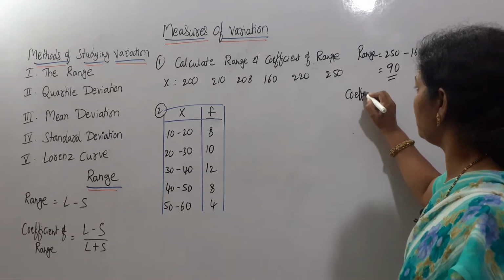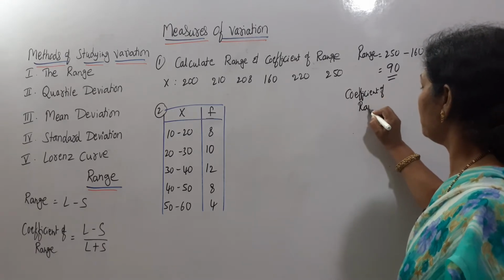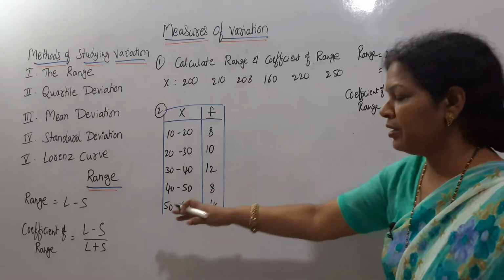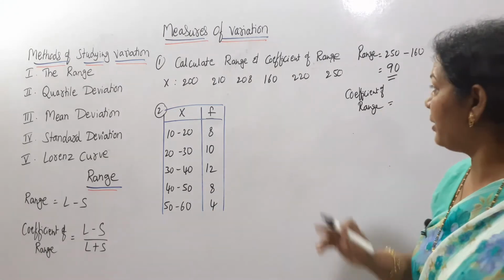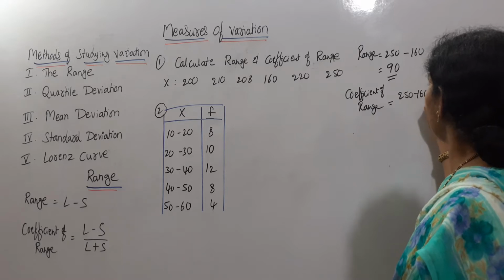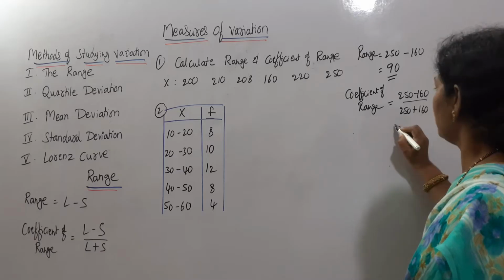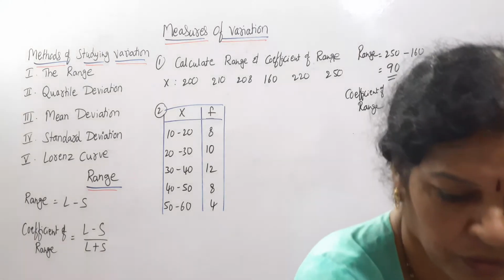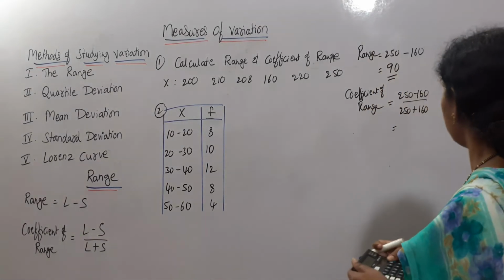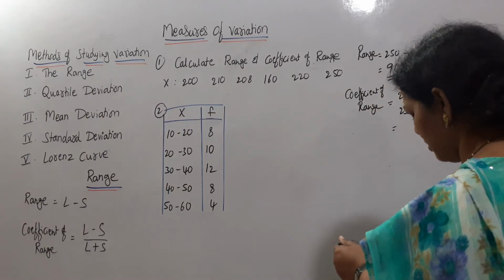In the same way, next the coefficient of range. You know the formula, it's already written over there: L minus S by L plus S. L minus S means 250 minus 160 by 250 plus 160. Let's use the calculator. 250 minus 160 is already written, it is 90.